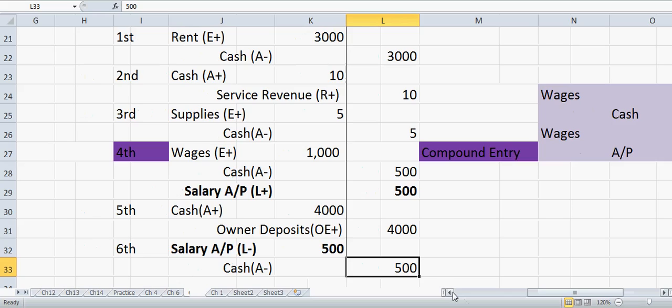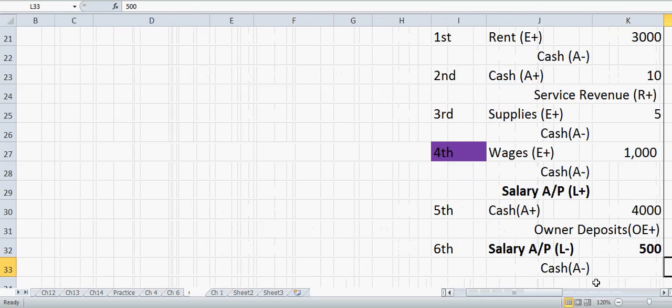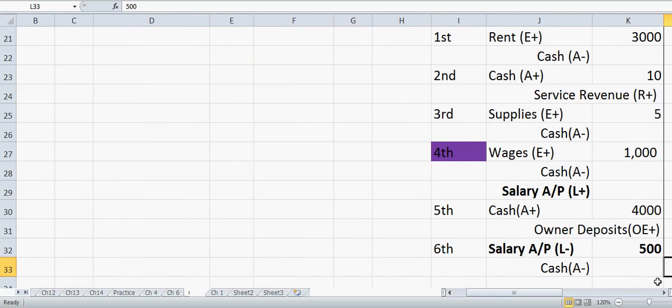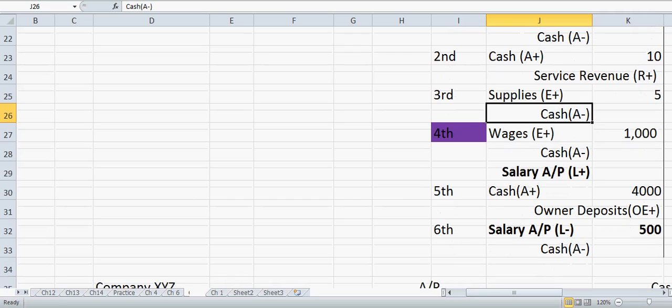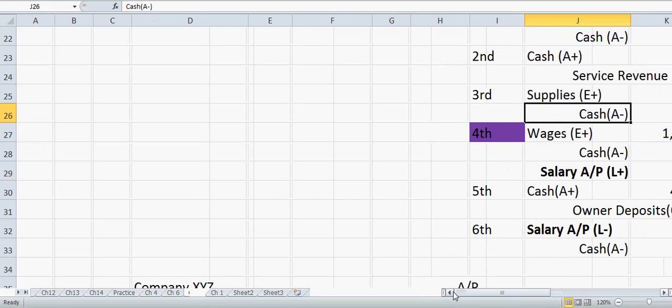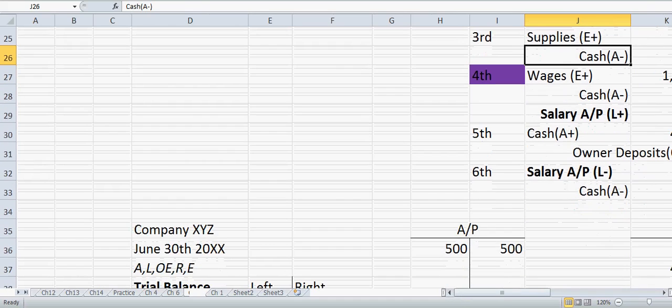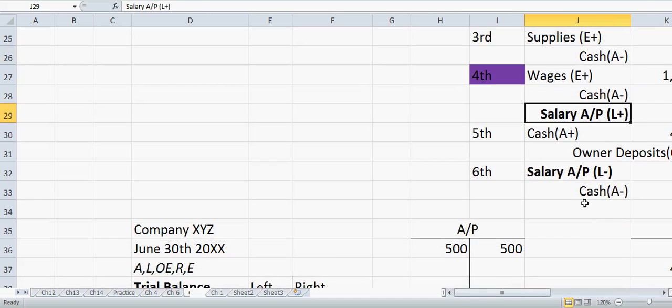Now the next thing we want to do, make T accounts. So T accounts, we'll have one T account for every single account name that we have listed. And we'll copy paste in all of our numbers. So here I have an example for accounts payable. So we had this accounts payable salary, 500. We had a credit and a debit.